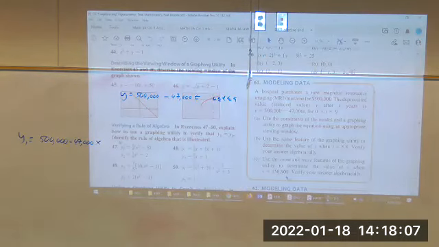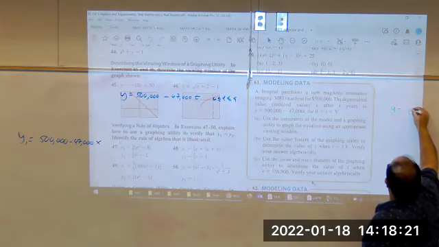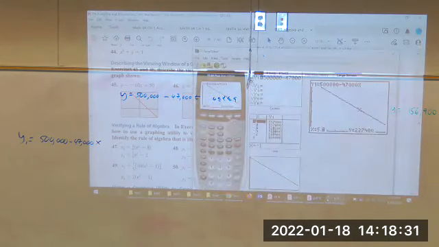And then last but not least, use the zoom and trace to determine what does t equal if y is 156,900. So now we're going to trace. I'm at 225, so I got to go to the right.